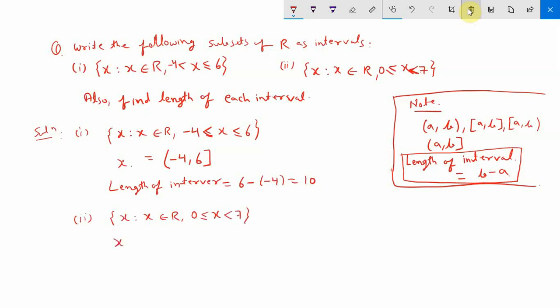So here we may write x belongs to [0, 7), closed at 0 and open at 7, and the length of the interval is b minus a, so it is equal to 7.